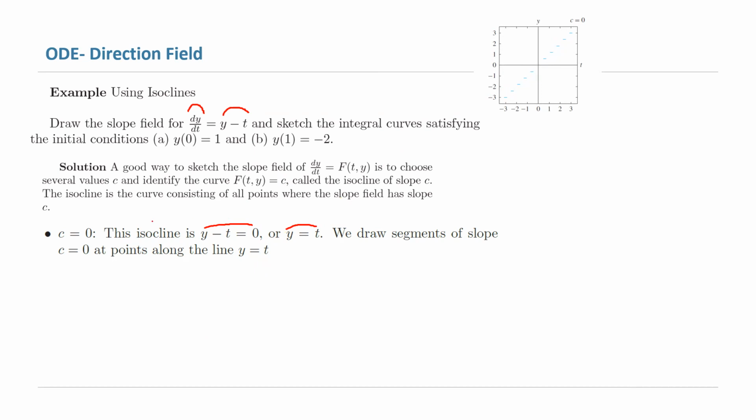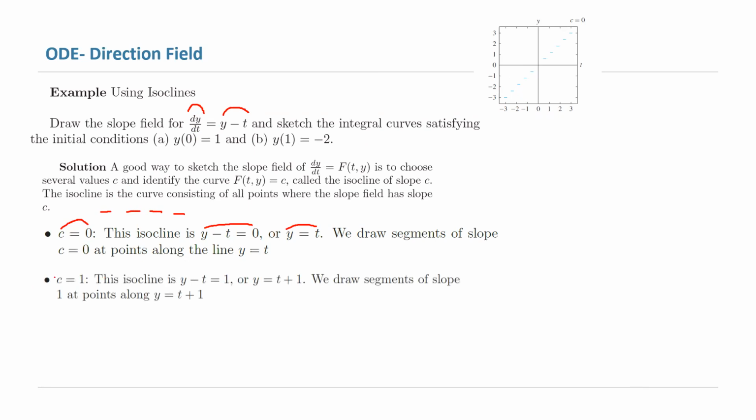When you set c equal to 0, it means that you are setting the differential equation, the rate of change, equal to 0. When the rate of change is equal to 0, you basically have horizontal lines, flat lines, but in this case, you're going to have flat line segments because you look at this locally.